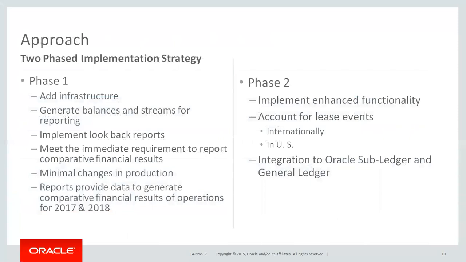The cost of funds has to be captured because when we calculate the present values, the PVs, the cost of funds, which is the discounting rate, is what needs to be applied. I'll come to that a little later. In phase one we will be providing you with all these look back period reports, plus all the infrastructure that is needed to generate these balances from the system.